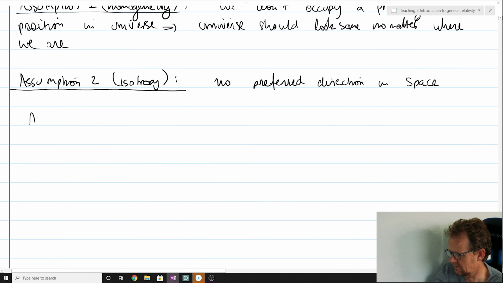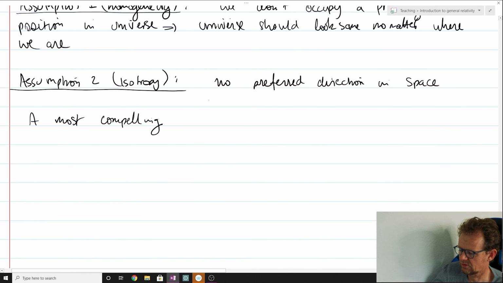One of the most compelling observations concerning isotropy is that of the isotropy of the cosmic background radiation. And recently there's been some new dark matter distribution results that certainly go along with supporting the notion of isotropy.